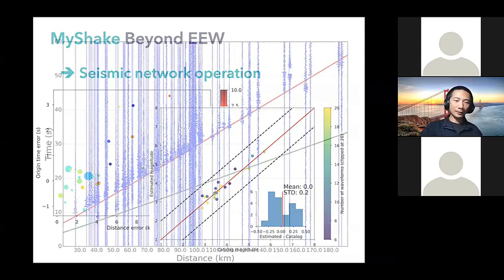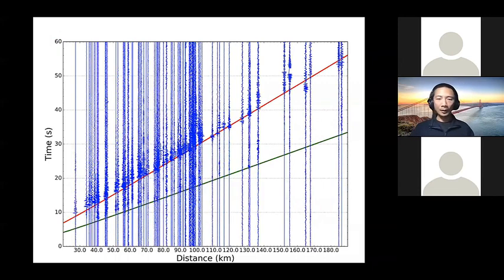This is a seismic record section of the waveforms from all the phones we recorded during a magnitude 5.2 earthquake in California. You can see the propagation of the P wave and the S wave from all these users' smartphones.